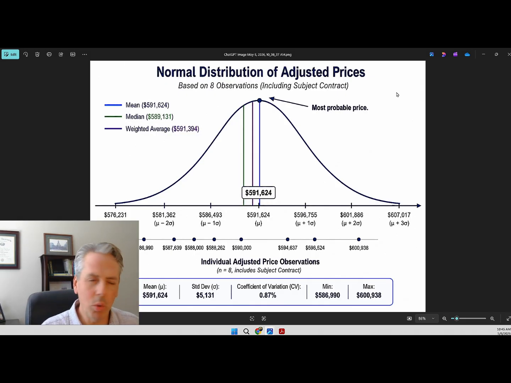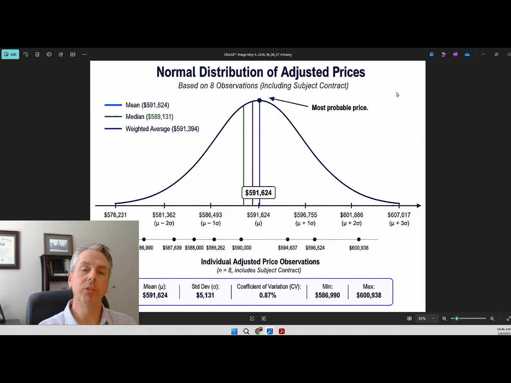Mode isn't so great for something like this, although if you lump them together in pricing categories and make a histogram, okay, that can be useful potentially. But mostly what we're looking at is going to be the mean and median. And here I've got a weighted average that I'll talk about some other day. And so this is what market value looks like.